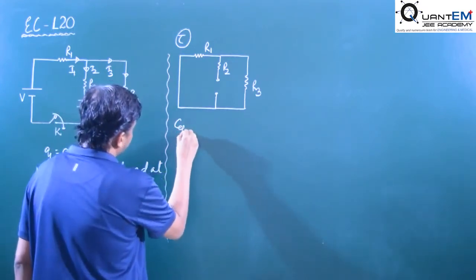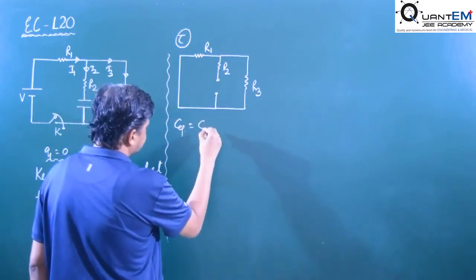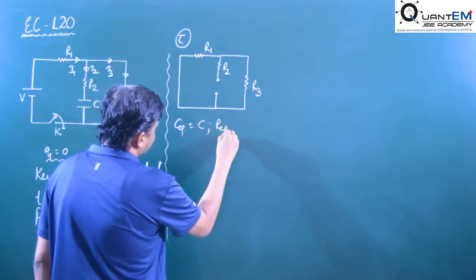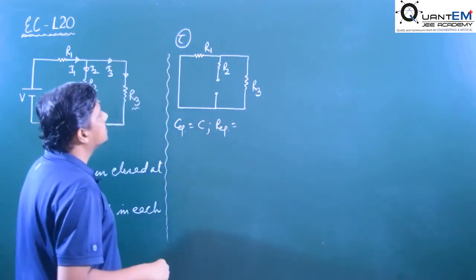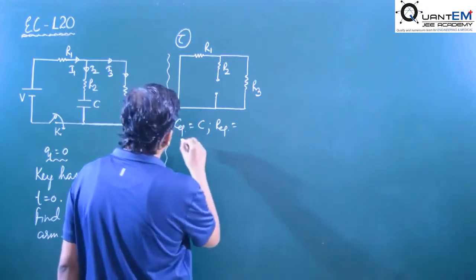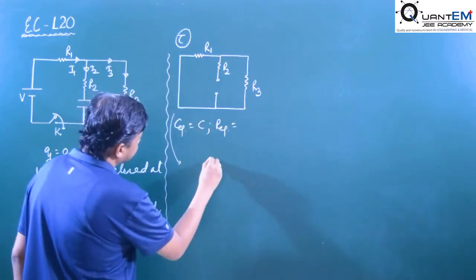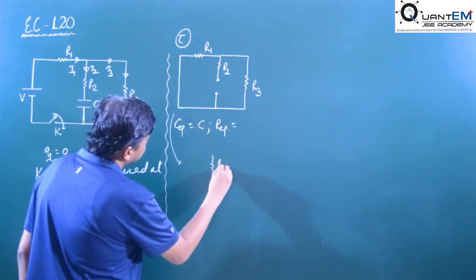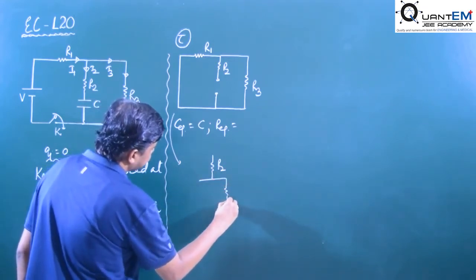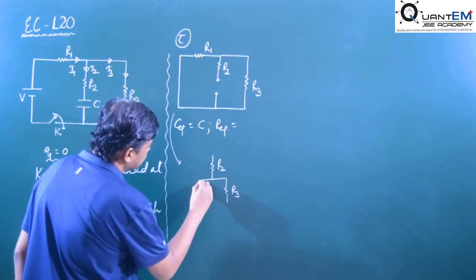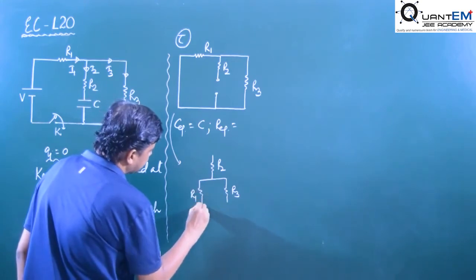So C equivalent of the circuit we have C. Now we have to get the value of R equivalent. This circuit may be drawn like this: R2, it is R3, and it is R1.